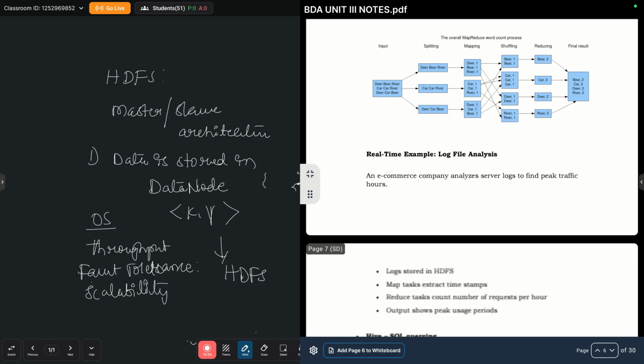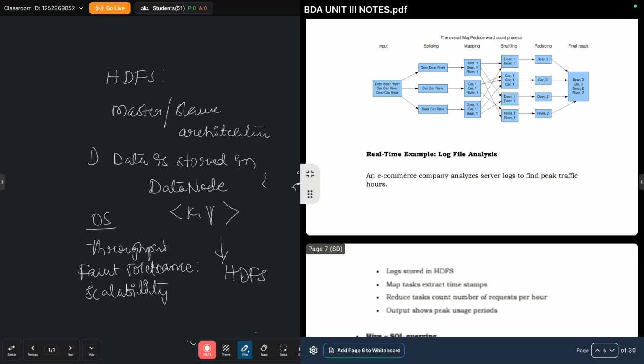Now coming to the intermediate phase, that is called the shuffling phase. In the shuffling, all the same keys are grouped together and sorted. So we have bear. Bear is there in the third split, and bear is there in the first split.